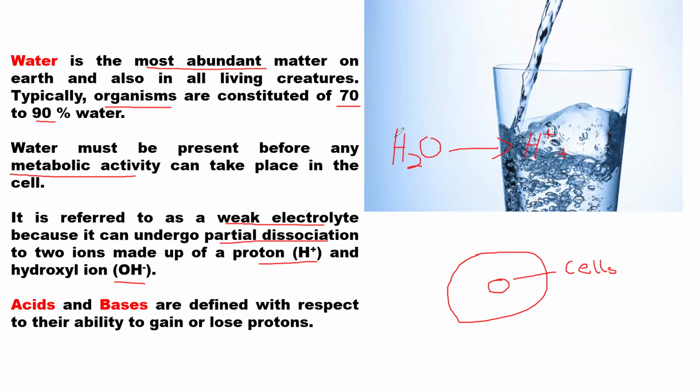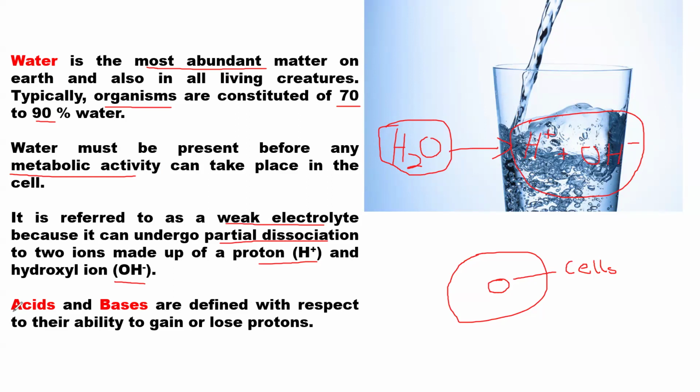For example, the water molecule is an electrolyte, so when it undergoes dissociation, it produces hydrogen ion and hydroxyl ion. But this dissociation is partial, not complete. Because it is partial, it is considered a weak electrolyte.